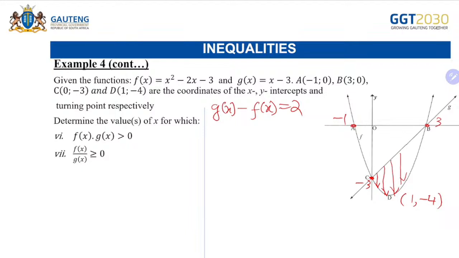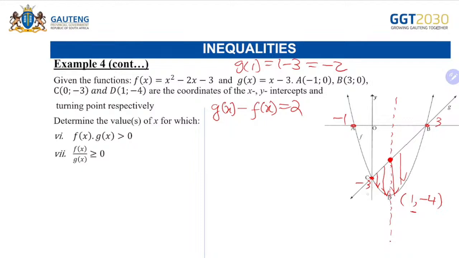So if you look at the axis of symmetry, what is the y value of G at the axis of symmetry? X is 1. If you substitute G of 1, you get 1 minus 3, you get -2.